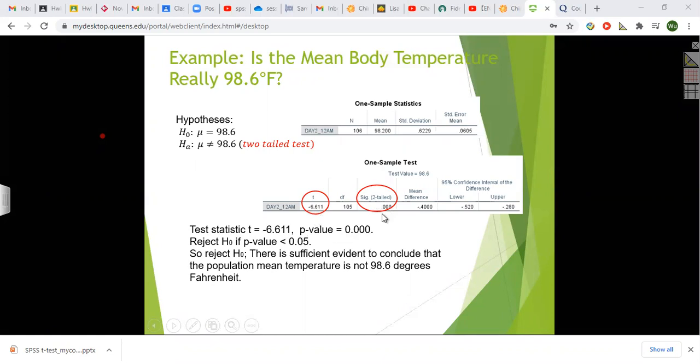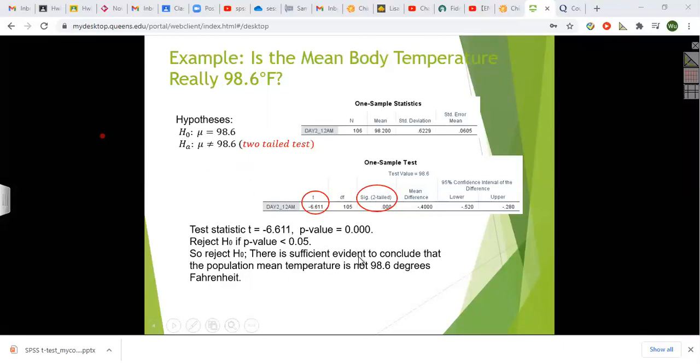This is a two-tailed test. We just copy this p-value right away. So the decision rule will be reject null hypothesis if p-value is less than 0.05. And our current p-value is 0. So it is indeed less than 0.05. So reject null hypothesis, and meaning we're going to accept the alternative, right? Reject null is the same as accept alternative.